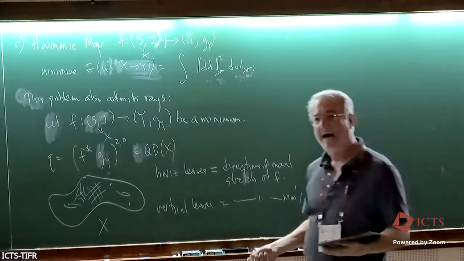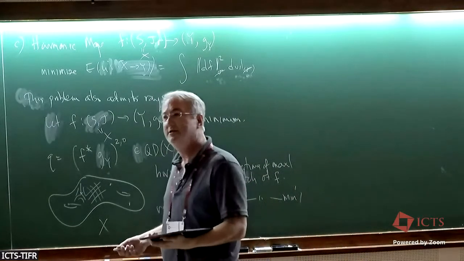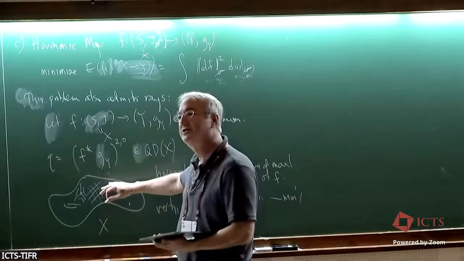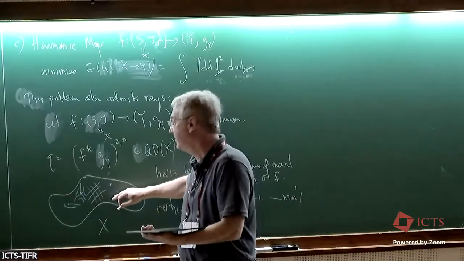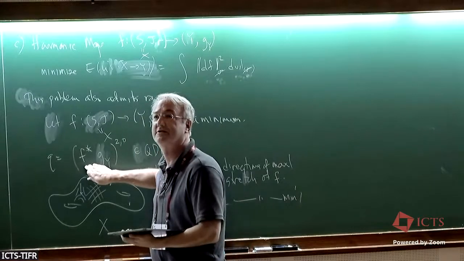So if you have a map, you look at its differential, the differential has eigendirections, and the maximally stretched eigendirection is horizontal. It's the horizontal leaves of this holomorphic object associated to the harmonic map.